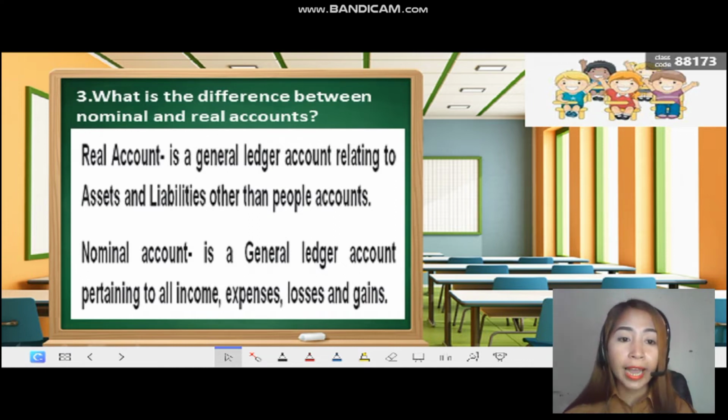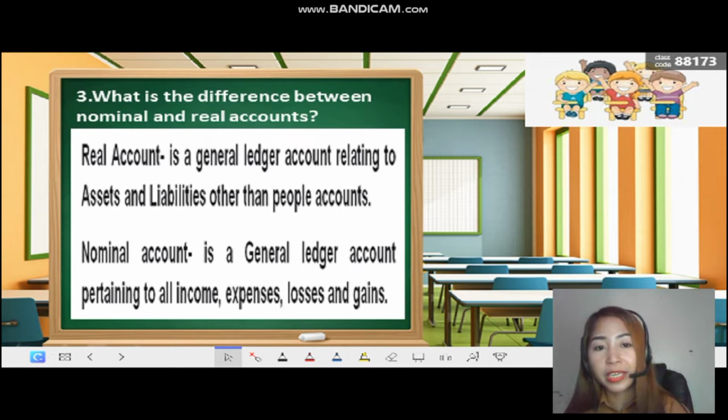The real account is a general ledger account relating to the assets and liabilities other than people accounts. The nominal account is a general ledger account pertaining to all income, expenses, losses, and gains. So that is the correct answer for question number 3.